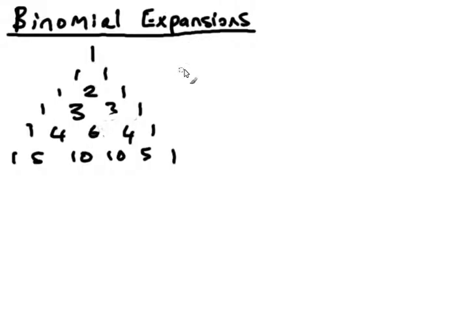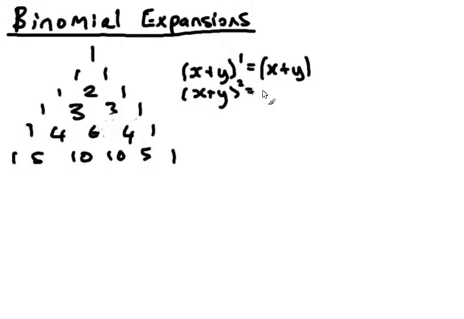Now I like to point out straight away that x plus y to the power of 1 expanded is obviously x plus y. But if we expand x plus y squared, we get x squared plus 2xy plus y squared. Same thing for x plus y cubed, and you'll see that we're using the next row of Pascal's coefficients.